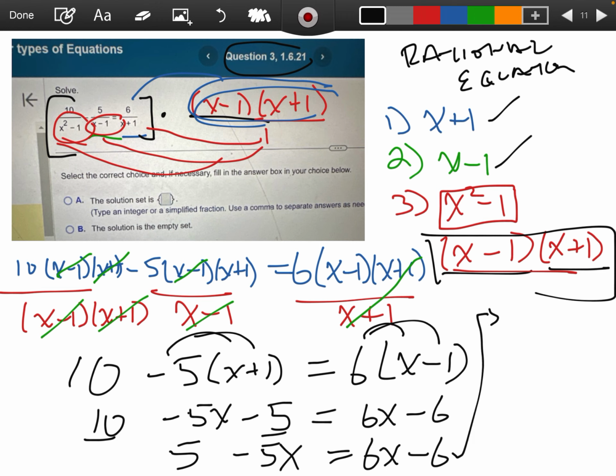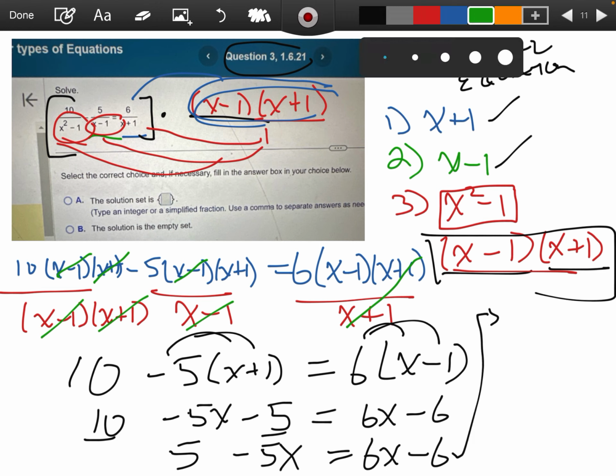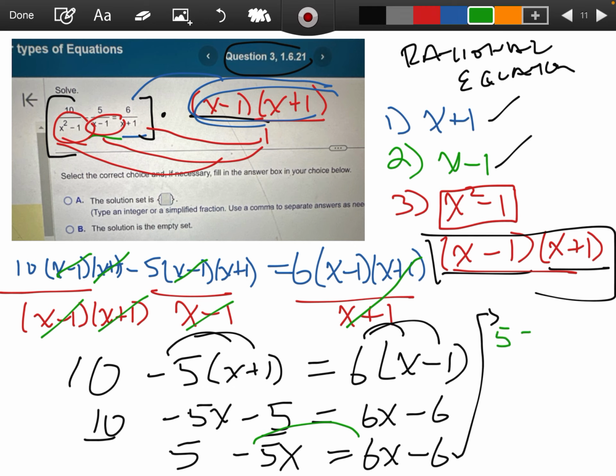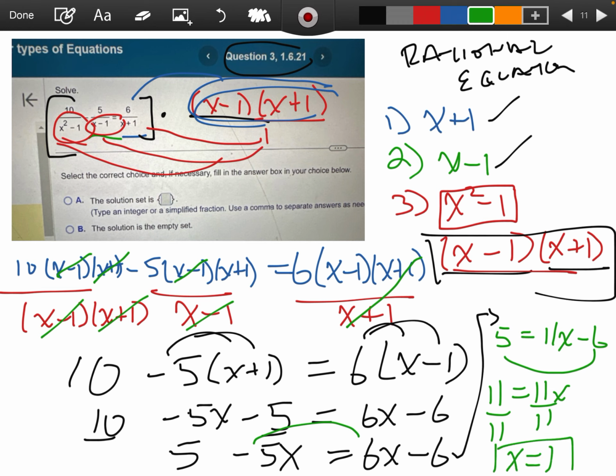Okay. Let's see. Y'all, if we bring this 5x over, it's going to become positive, right? And 5 and 6 together is going to give me an 11x. If I bring that 6 over, that's going to become a positive 6. That'll be an 11 equals an 11x. And if we divide both sides by 11, y'all, we're going to come up with x equals 1.